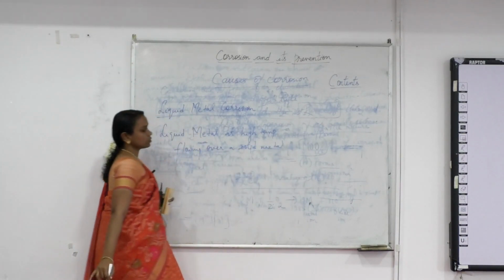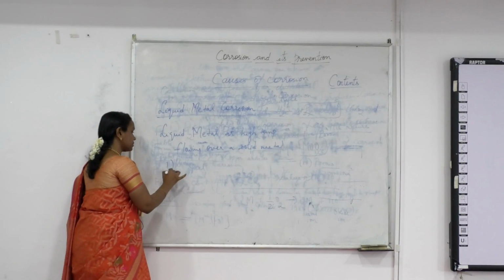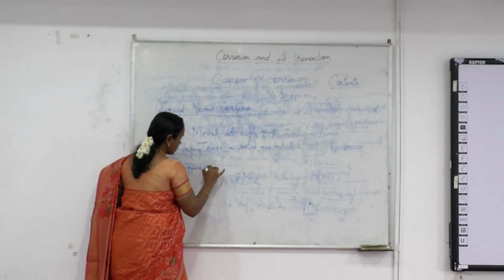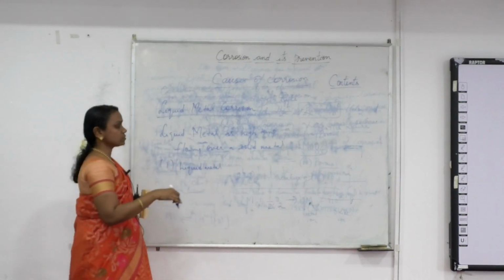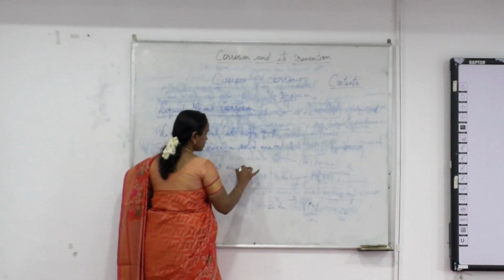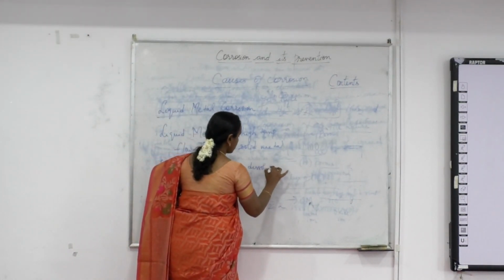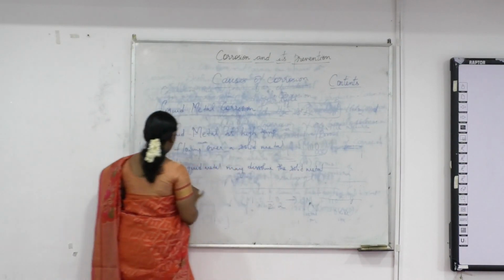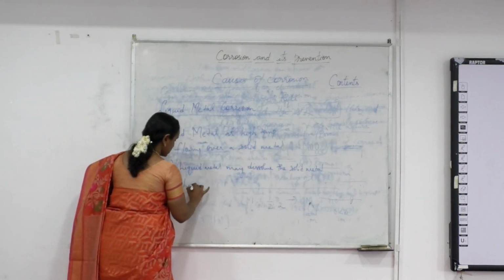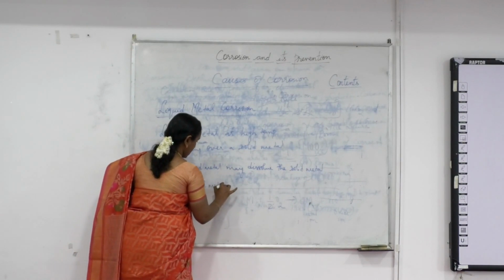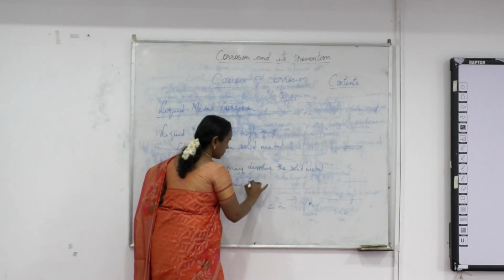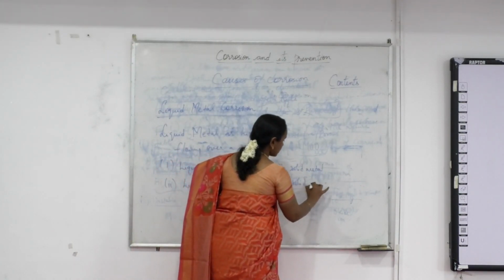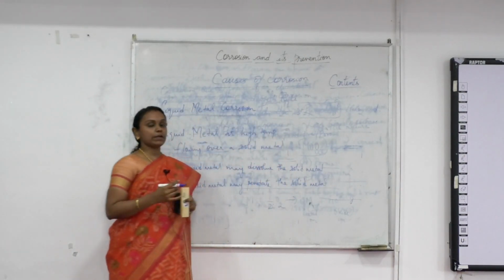So it may lead to two situations. In one situation, the liquid metal may dissolve the solid metal, or the other probability is the liquid metal may penetrate inside the solid metal, and in both cases it will lead to weakening of the material.